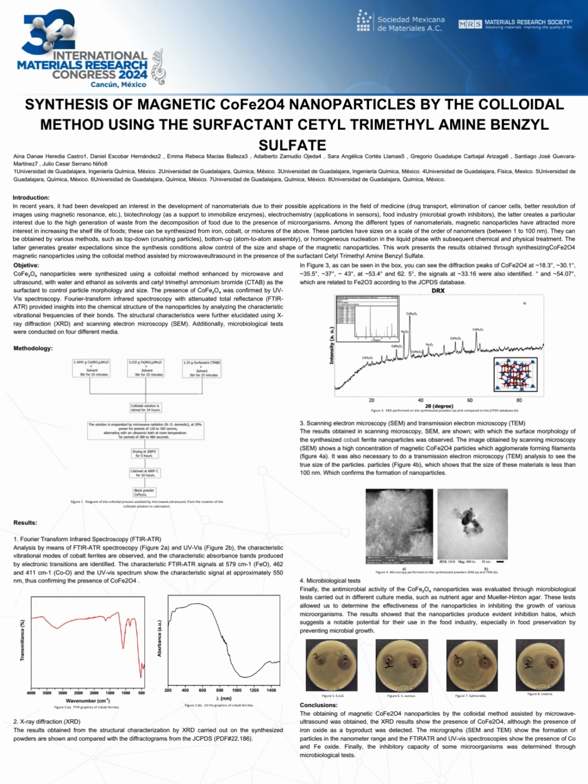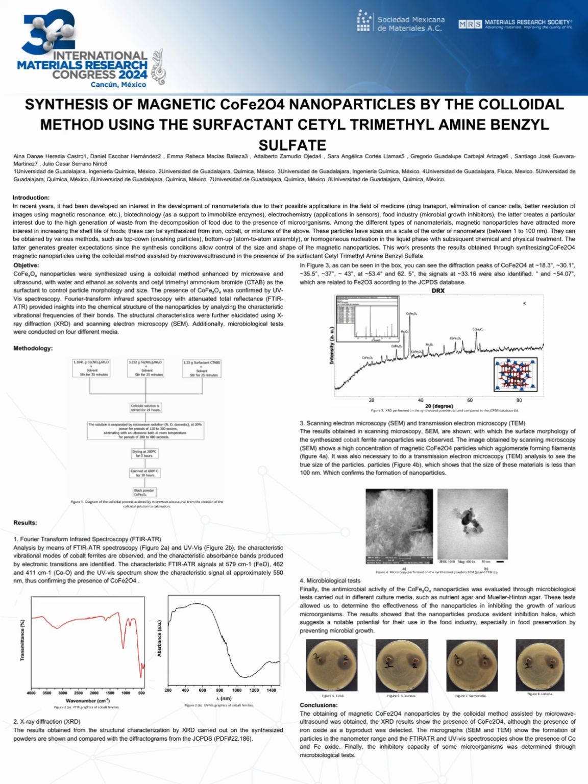With sizes ranging from 1 to 100 nanometers, they can be obtained by various methods, such as particle crushing, top-down, atom-by-atom assembly bottom-up, or homogeneous nucleation in the liquid phase, followed by chemical and physical treatment.